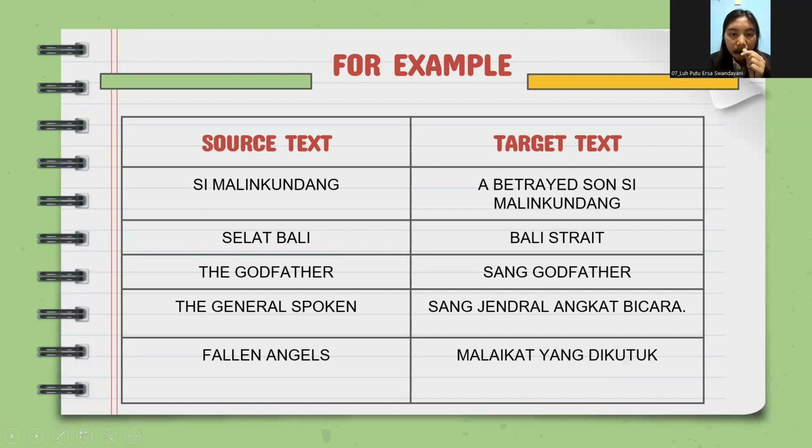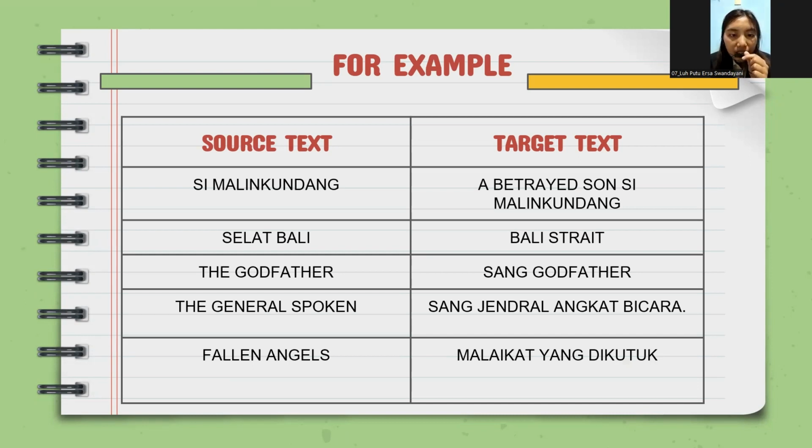There are some examples of this type. Number one is "Malin Kundang" in the source text, in the target text is "a betrayed son is Malin Kundang." Number two, in the source text is "Selat Bali", and in the target text is "Bali Strait."